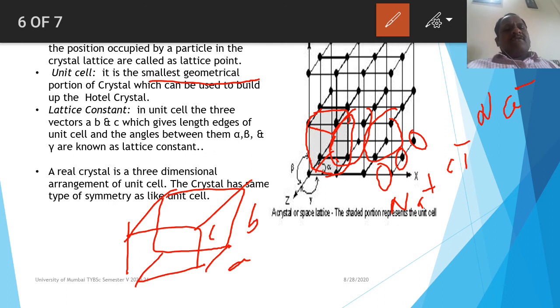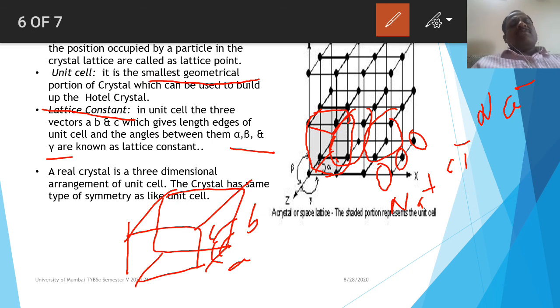Those angles are called alpha, beta, gamma. The angle between A and B is alpha, C and A is beta, and C and B is gamma. That angle and edge length used to describe the structure of a unit cell are called lattice constants. Everybody understood?